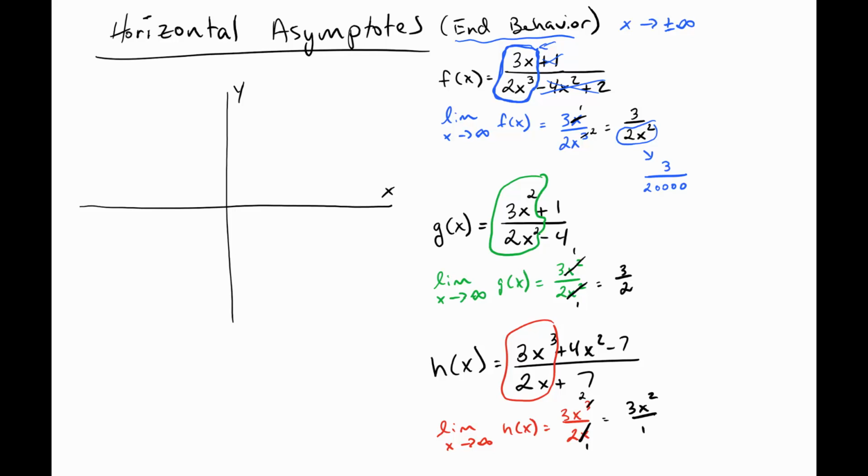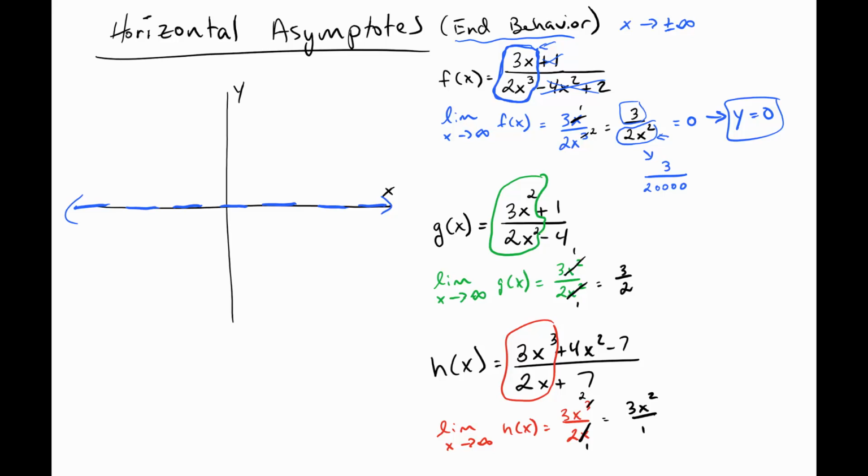Well, that's getting really, really close to 0. In this case, since the numerator is going to remain the same and the denominator is going to get bigger and bigger, we're just going to approach y equals 0, and have an asymptote right here on the x-axis.